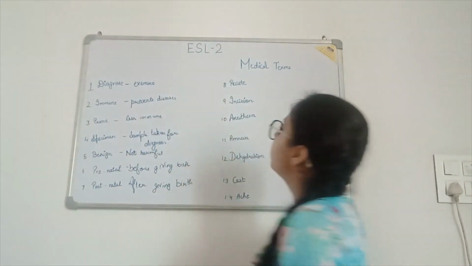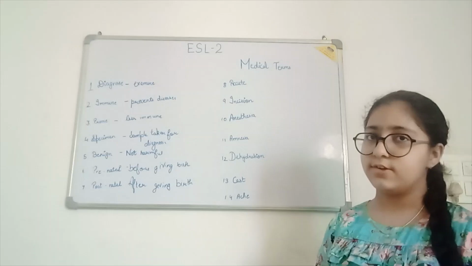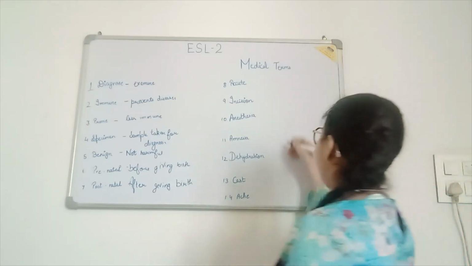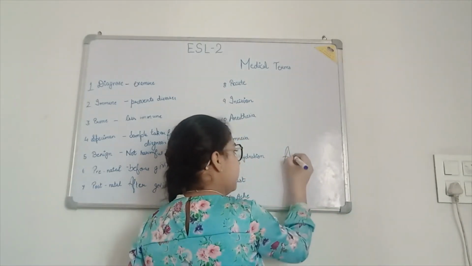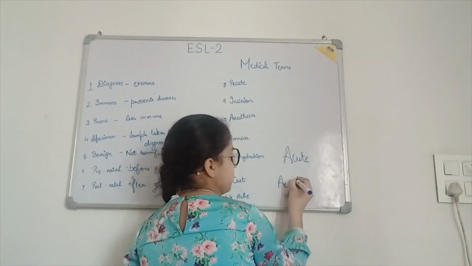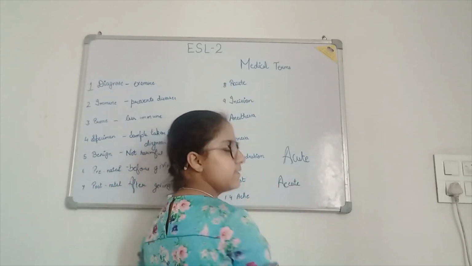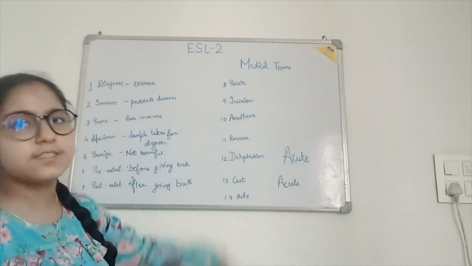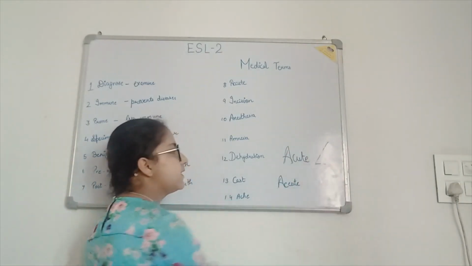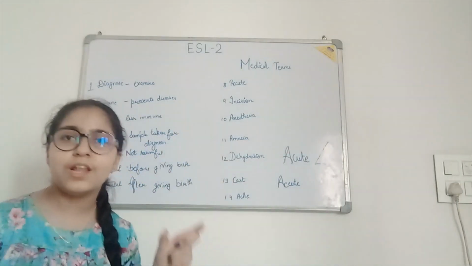Let's move on to number eight, which is acute. Let's look at this word: acute has a double C in the medical sense. Acute, as in the acute angle which we know, means small.